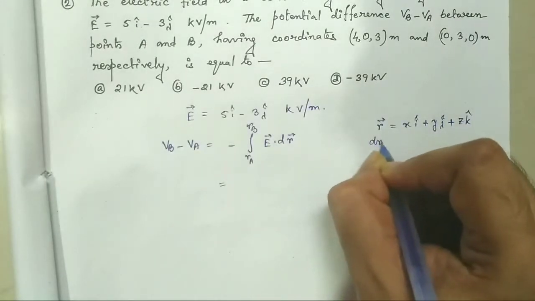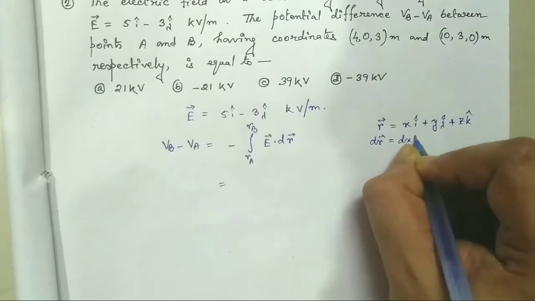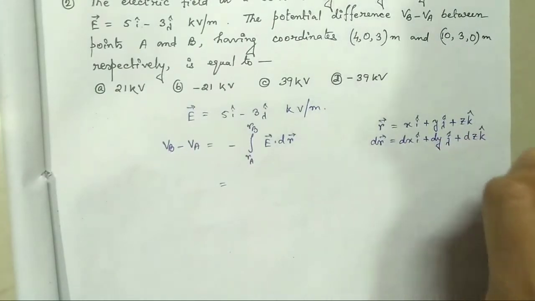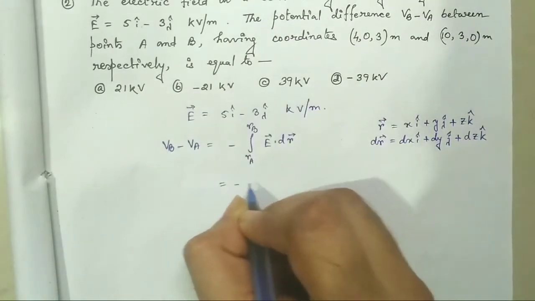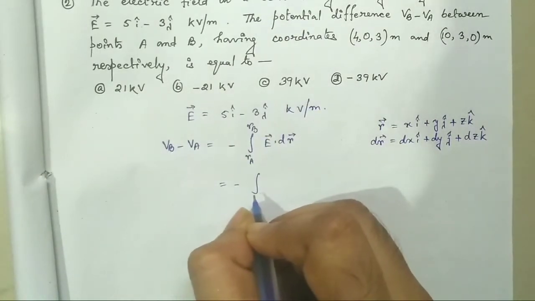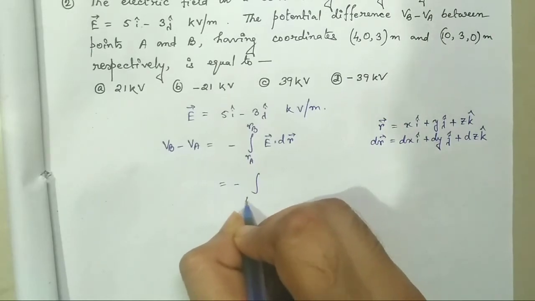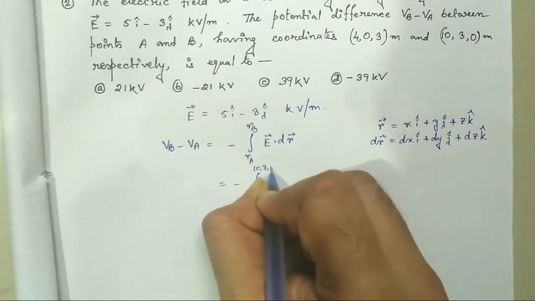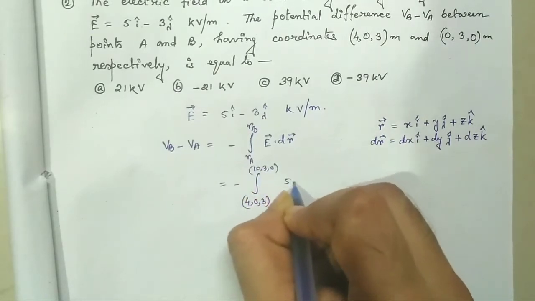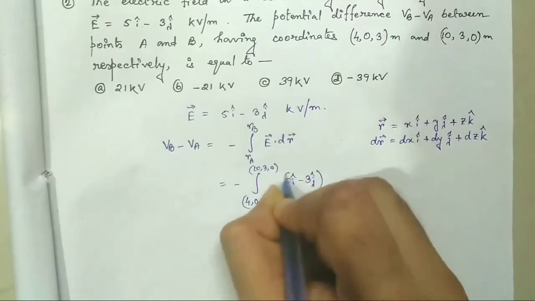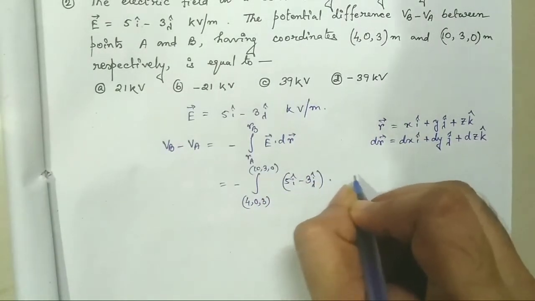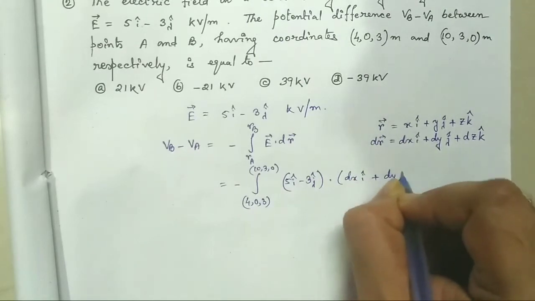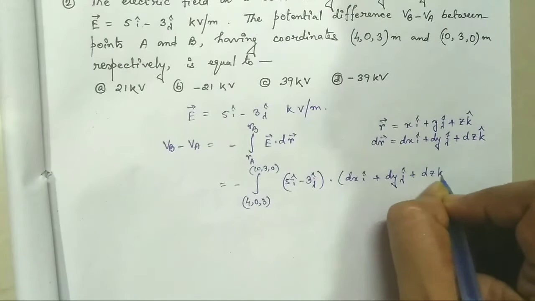So dr will be dx i plus dy j plus dz k. Now minus integration. The coordinate of point A is (4, 0, 3) and that of point B is (10, 3, 0). Now E is equal to 5i minus 3j dot dr, dx i plus dy j plus dz k.